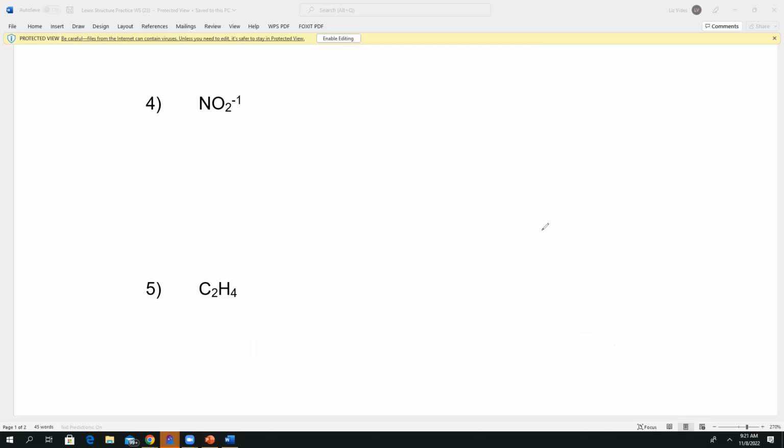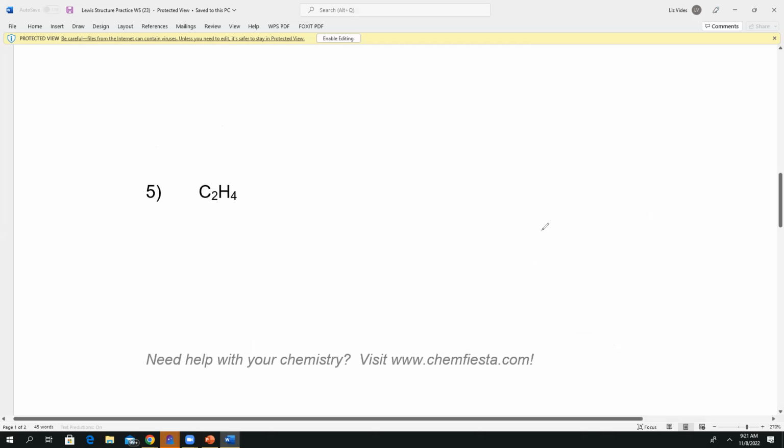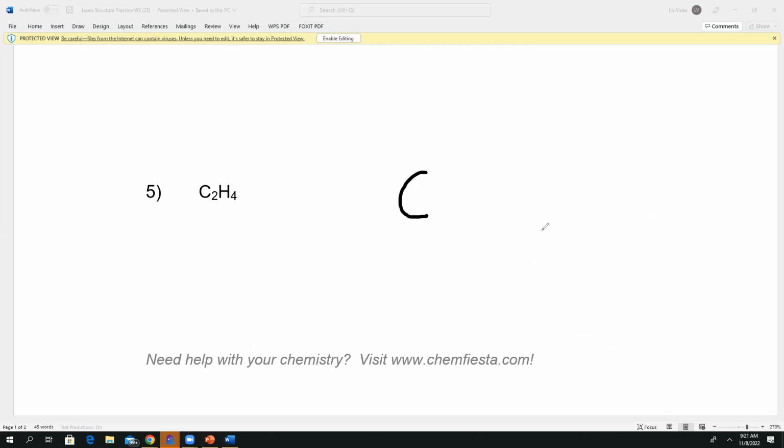Now let's do the other one. And that is C2H4. So we are going to have 2 central atoms, right? And they're both carbons. And then we're going to have 4 hydrogens. So let's just say 1 here, 1 here, 1 here, and 1 here. All right, so let's make the bonds.